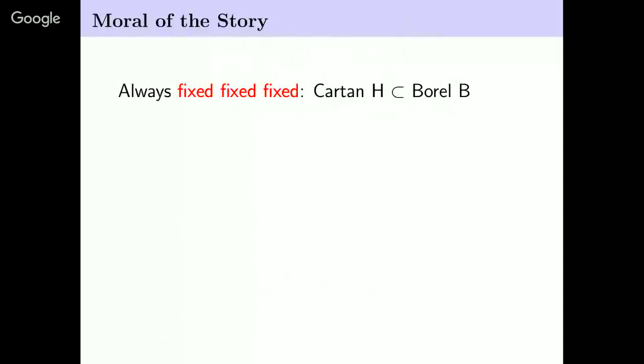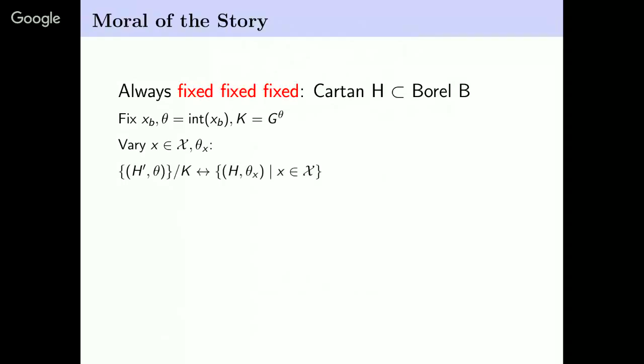So the moral of the story is, again, the H and the B are always fixed. You should think of fixing this base point xb and fixing theta to be conjugation by that and fixing k to be the fixed points of that. And now we're going to vary x's in the space X and the corresponding theta x's.